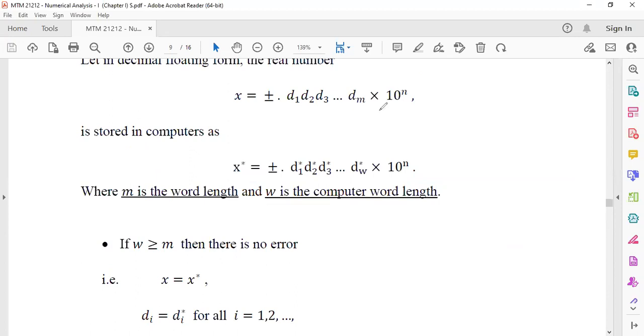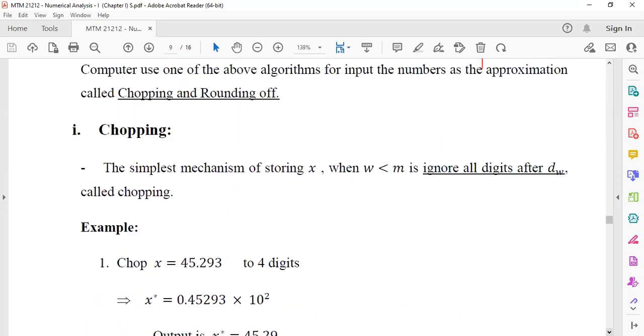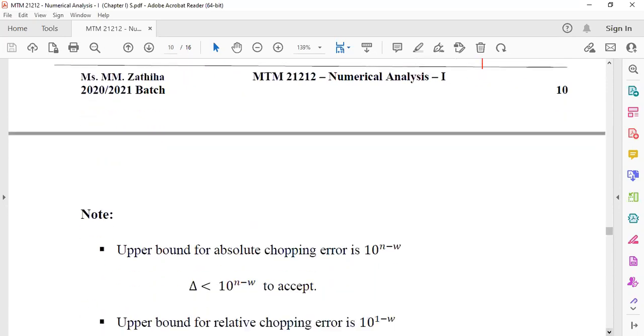This n is the power of 10, any power you are taking for the multiplication for the floating point. Hope you get the idea of what m, w and n are.